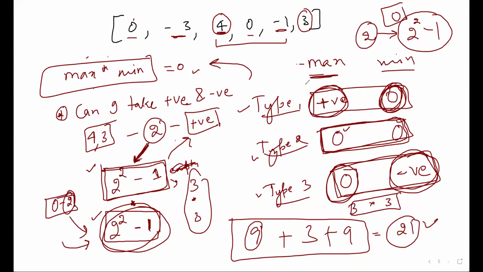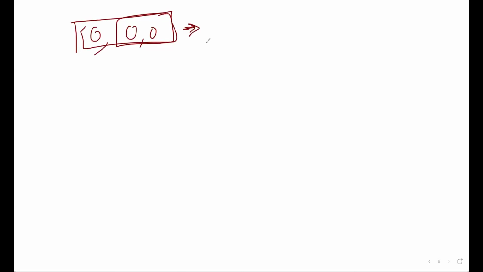Okay, I'll go slow. I'll take a simple example. For this array, which contains three zeros, how many subsequences are possible whose maximum and minimum element product is 0?